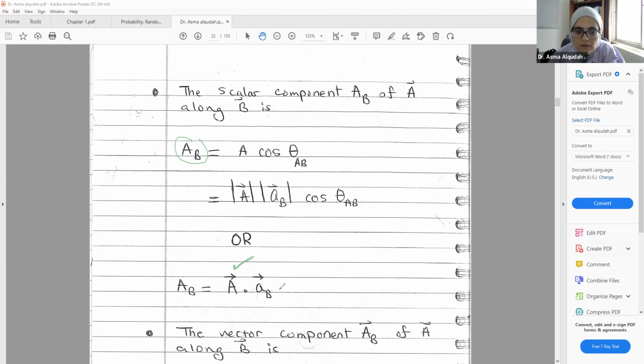This is the magnitude of A times the magnitude of the unit vector, which is 1, times the cosine of the angle between the two vectors, which gives us this formula. So the scalar projection of A onto B could be A dot the unit vector along B, or it's the same as saying it's A cosine the angle between A and B.